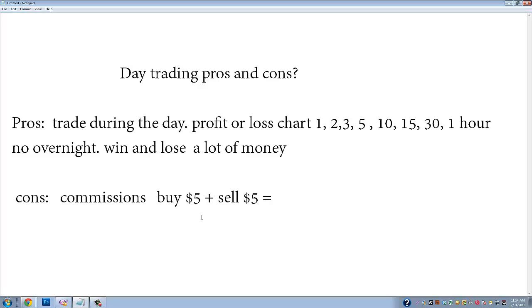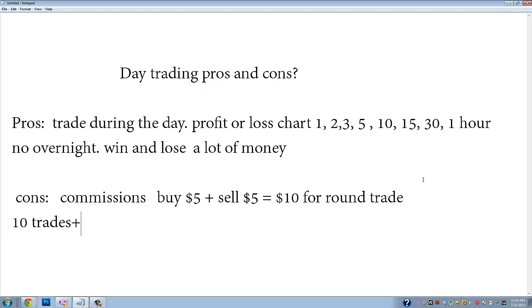Now you end up paying $10 for each round of the trade. It means you buy and sell. Now $10, you see it as little, but let's see if you do, for example, 10 trades.